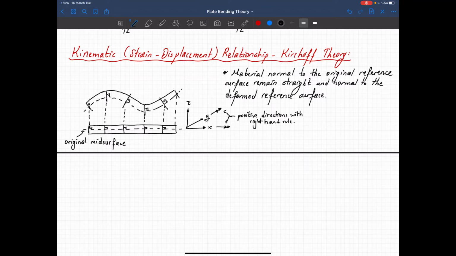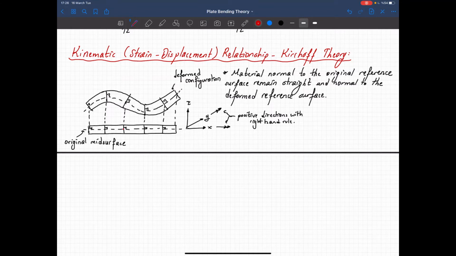Okay, so the bent member will look like that. And this is the deformed configuration. Now I will just take a look at this point.